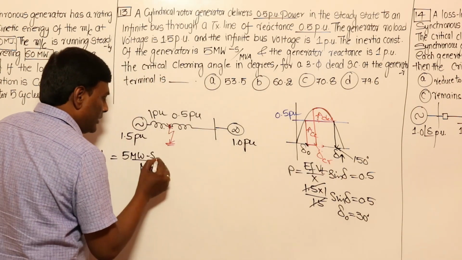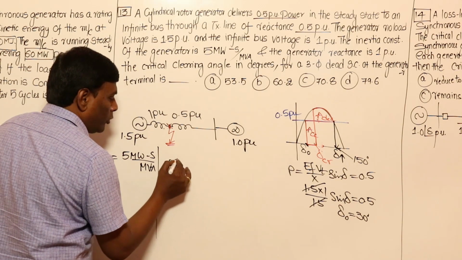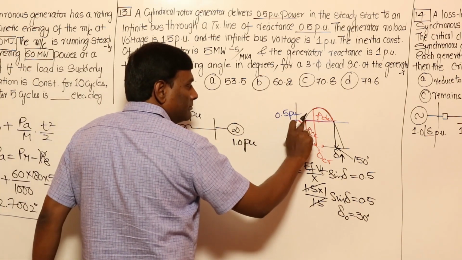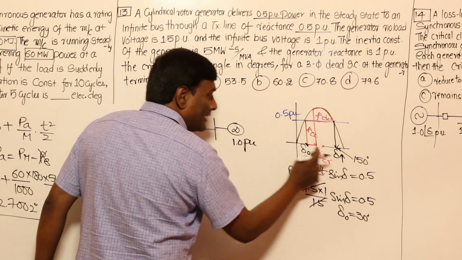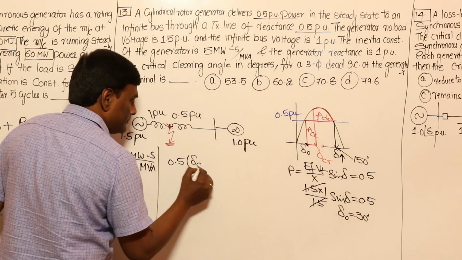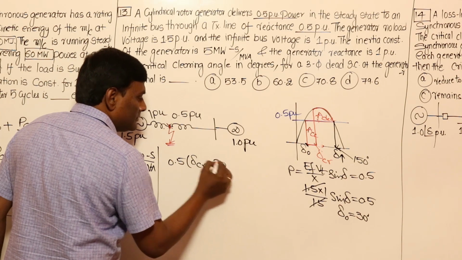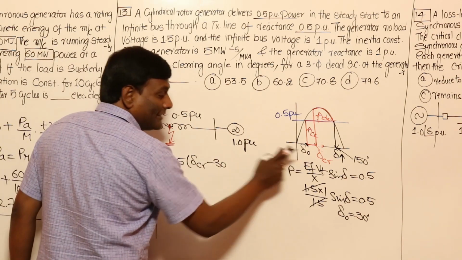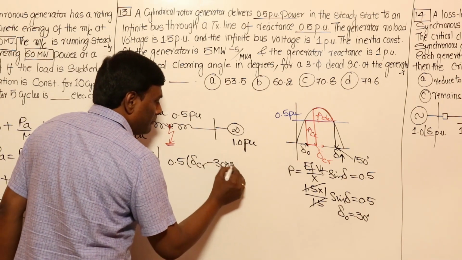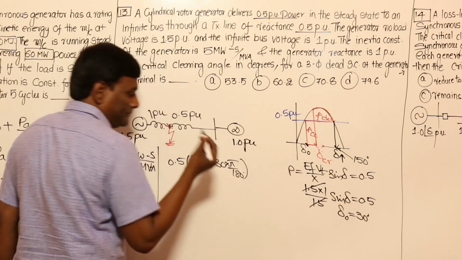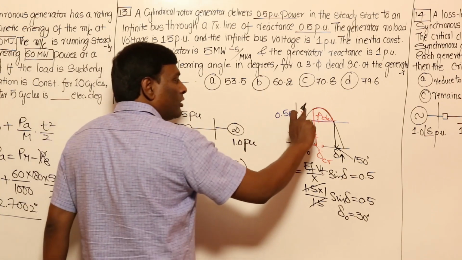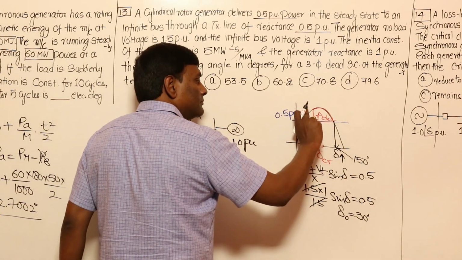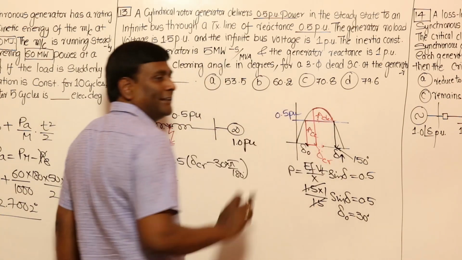Okay, so directly let me take 0.5 as mechanical power, electrical power is going to be 0, so this area is going to be 0.5 into delta CR minus delta naught, where delta naught is 30 into pi by 180. Now let us think, this minus this is going to be the decelerating area.